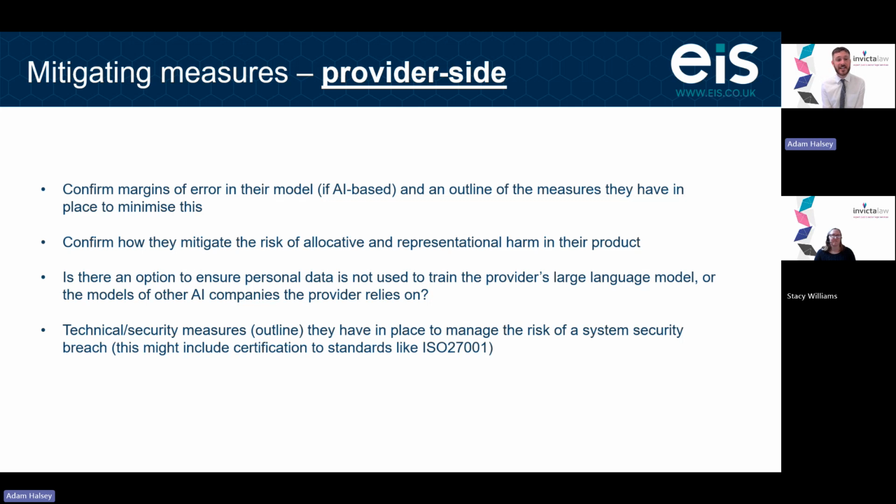Really importantly, we need to see as the school or trust, is there an option, if we're going to go ahead with this provider, to ensure that the student personal data that we're putting in is not going to be used to train the provider's large language model, or indeed the models of other AI companies that they rely on.